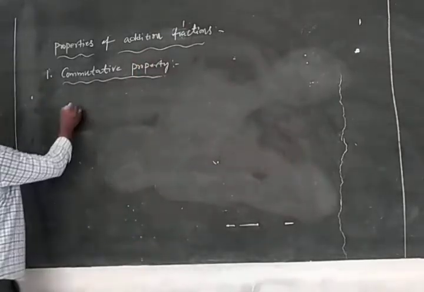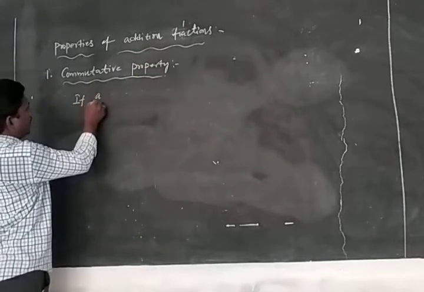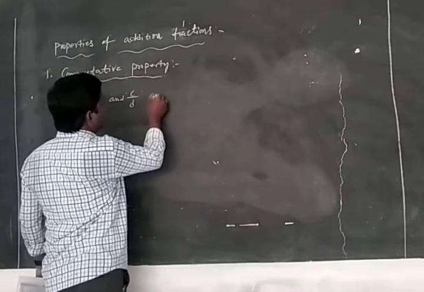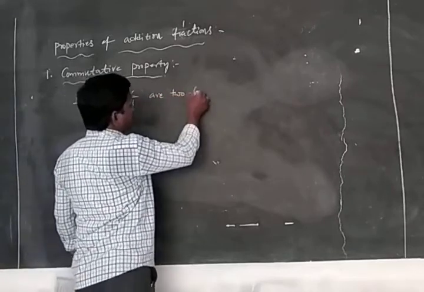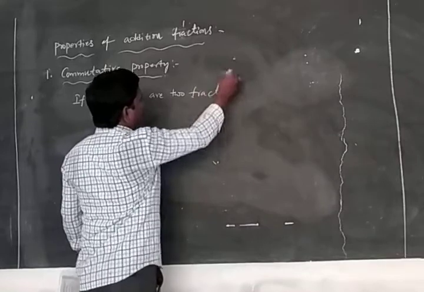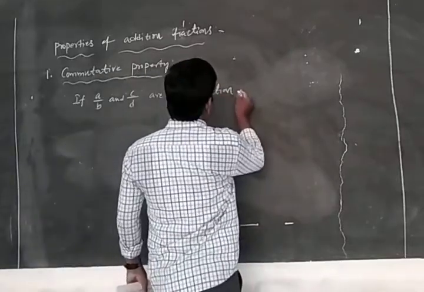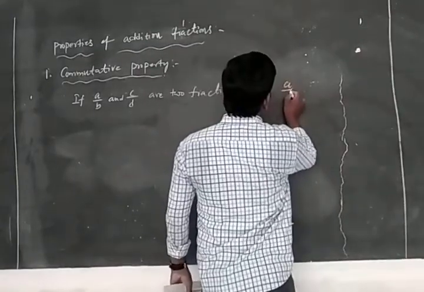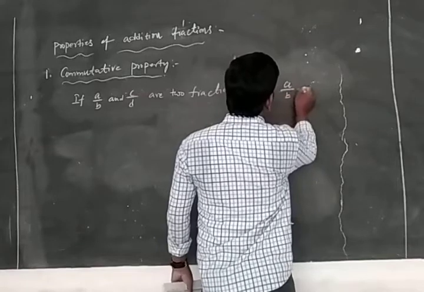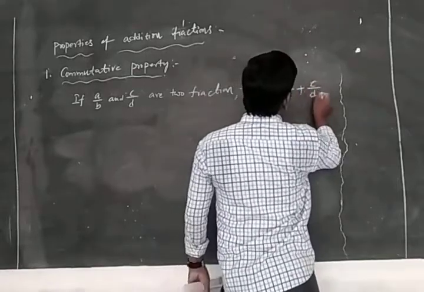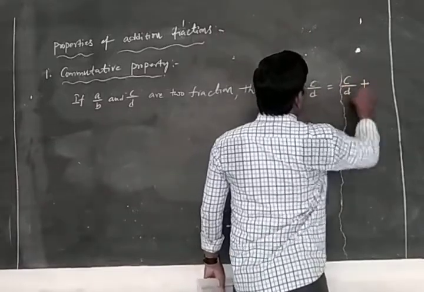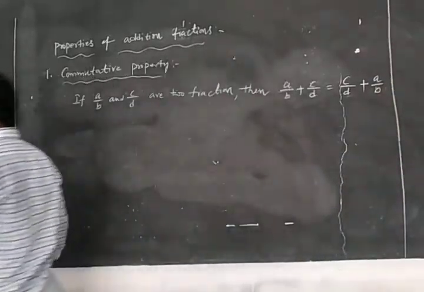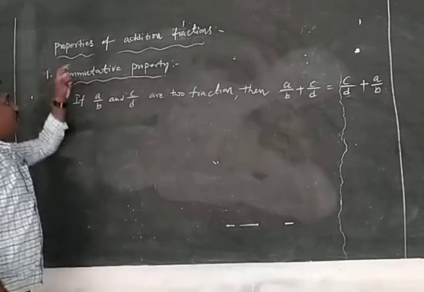Commutative property means if A by B and C by D are two fractions, then A by B plus C by D equals C by D plus A by B. These are the properties of addition of fractions.